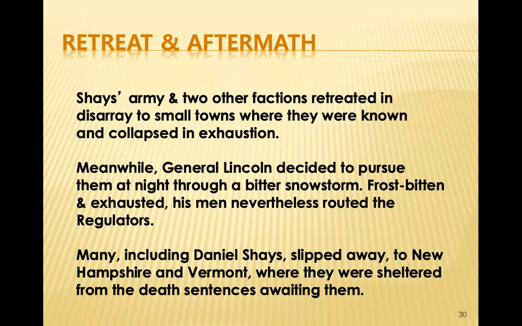Well, Shays' army and 2 other factions of rebels retreated into small towns where they knew they were going to find safe harbor, and they just collapsed. Meanwhile, General Lincoln decided to pursue them through a bitter snowstorm.